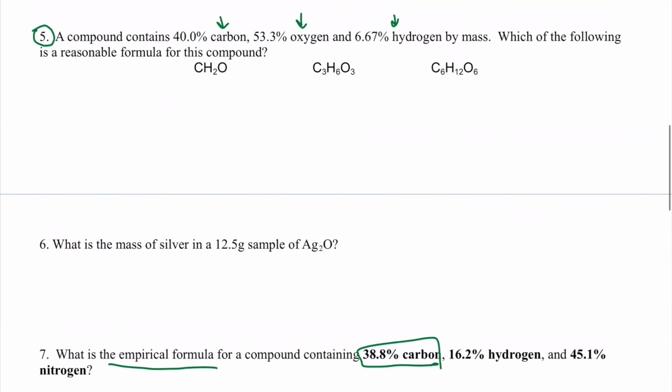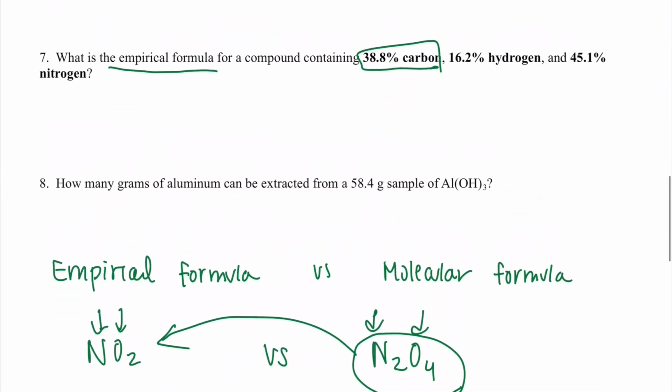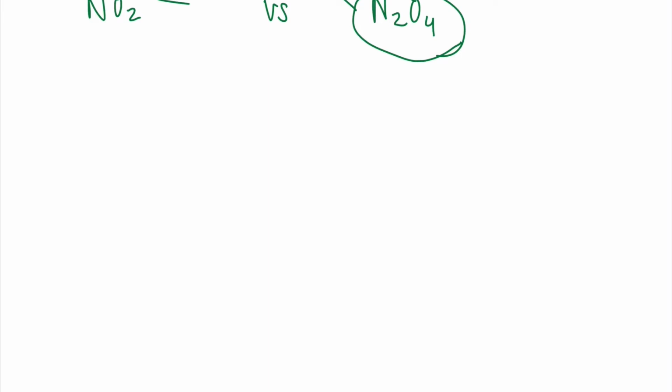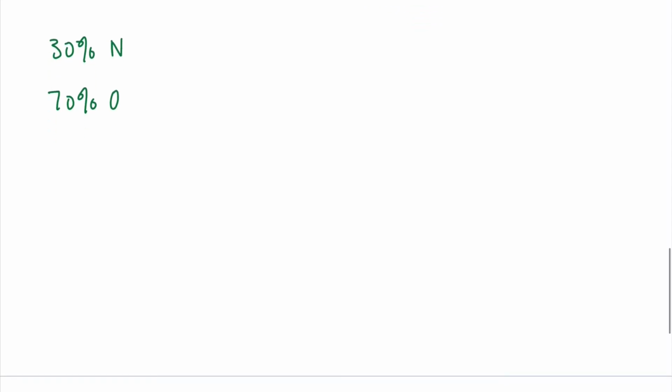The next bit of information that I want to say about 5 and 7 is that you should assume that it's out of 100 grams. So let's say I had a formula that was 30% nitrogen and 70% oxygen. Without anything to go off of, this can be a little challenging. What you can do is multiply it by 100, assume that it's 100 grams, and that will get you to a gram amount. 30 grams and 70 grams.